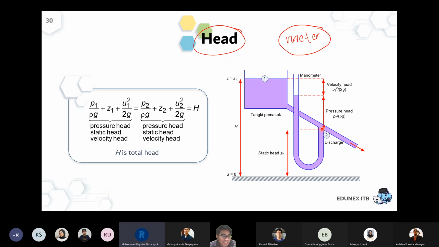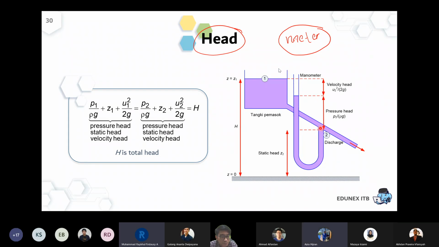Anyone want to try to answer? What was the question, sir? What will be the difference between this height, ya, ketinggian di sini dengan ketinggian di sini? Ini kan manometer ya, manometer itu kondisinya statik, walaupun di sini ada air yang mengalir. What will be expressed by the height difference between the height of the water at the left manometer and the height of the water at the right manometer?